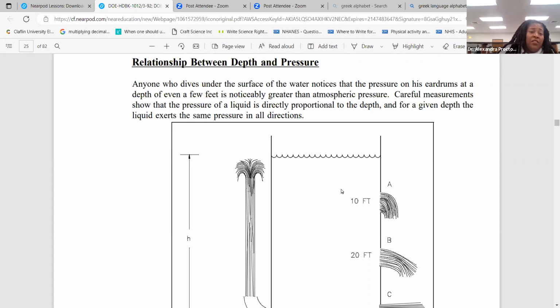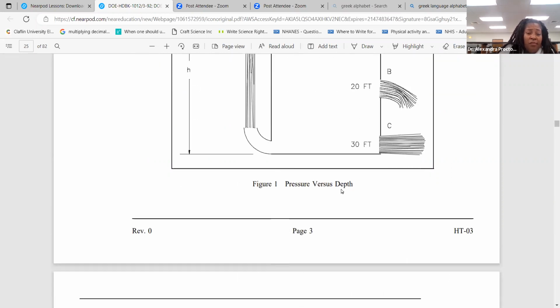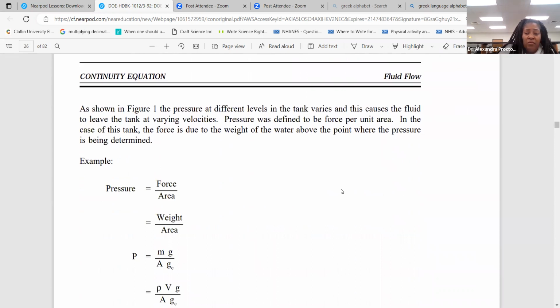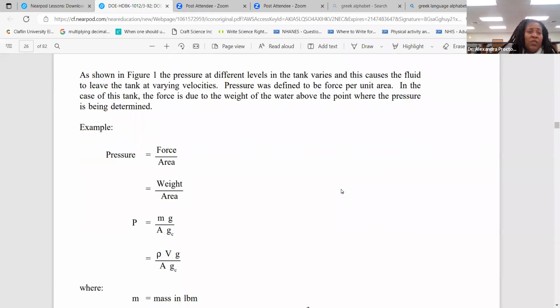Careful measurements show that the pressure of the liquid is directly proportional to the depth, and for a given depth, liquid exerts the same pressure in all directions. As shown in figure 1, the pressure at different levels in the tank varies, and this causes the fluid to leave the tank at varying velocities.